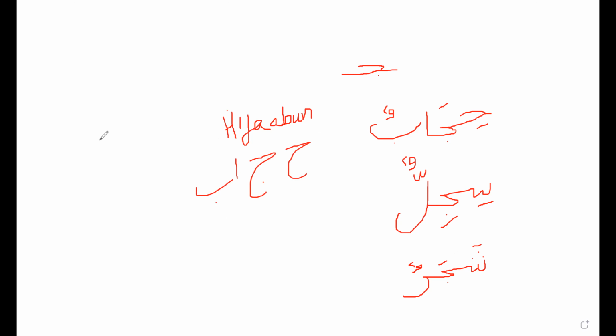Now we move on to the last position. Remember, it has four writing positions. The last position is when it ends a word, so it connects to the end of a word. This is how it's going to be written. This is our Jeem. This space is for a letter that is coming from this side to connect to it.